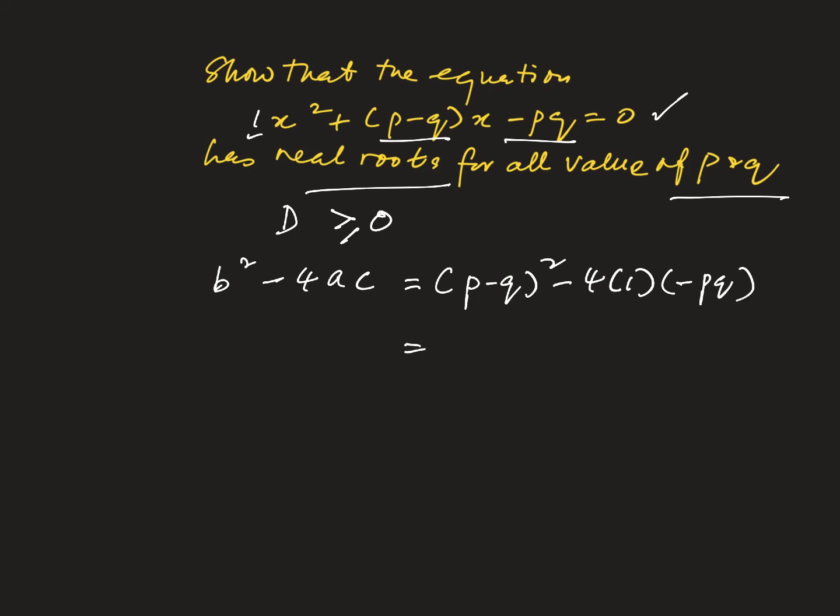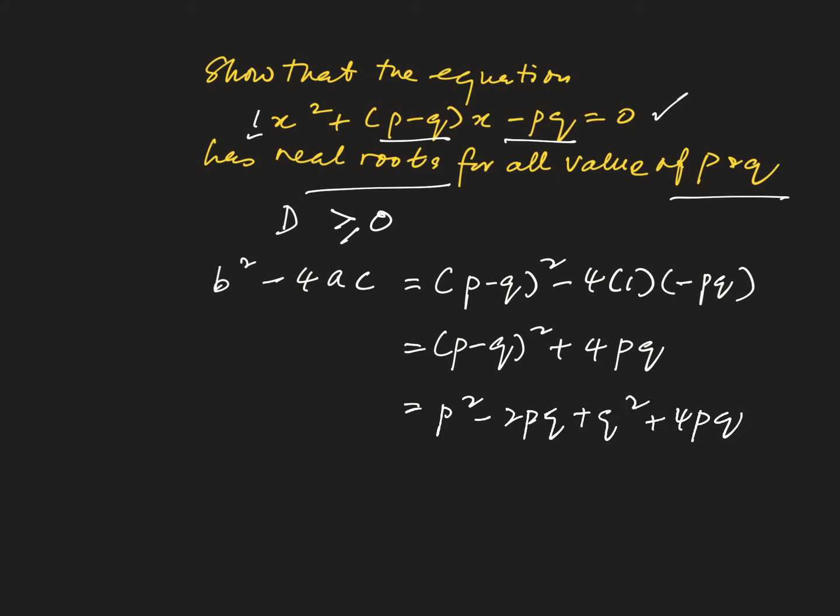So this is equal to (p minus q) squared plus 4pq, which is p squared minus 2pq plus q squared plus 4pq.